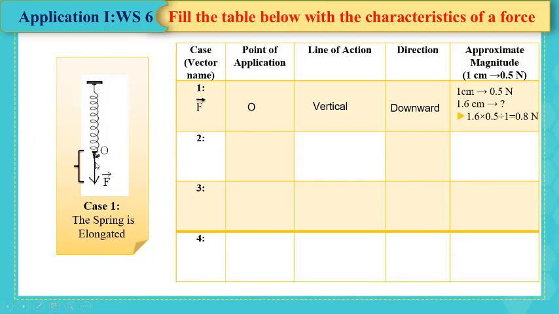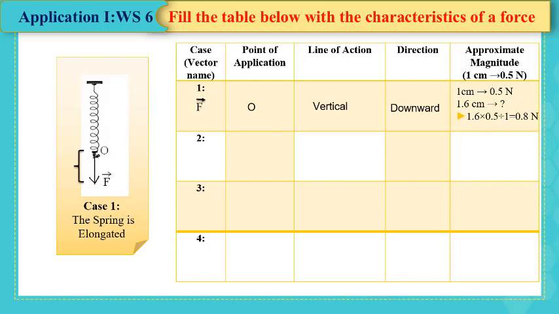The length of this vector using the ruler is 1.6 centimeter. By using the multiplication between 1.6 multiplied by 0.5 divided by 1, we will have 0.8 Newton. So the magnitude exerted by this force on the spring is 0.8 Newton.